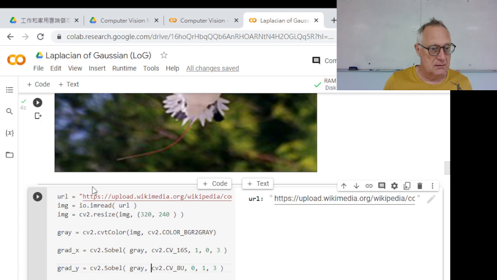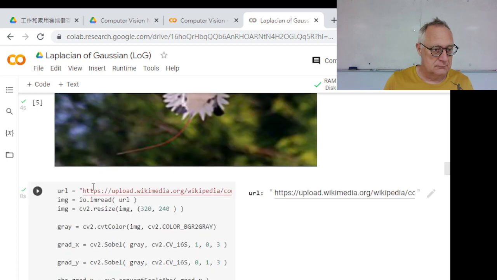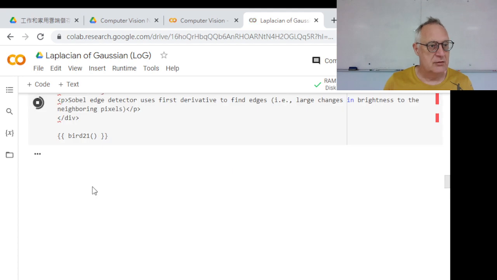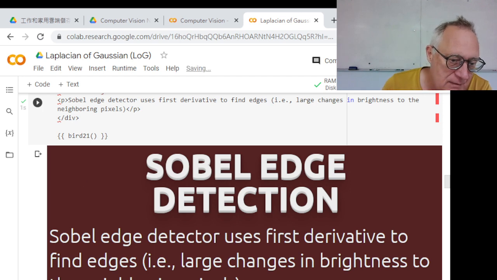And here let's use a larger data type. So now we have the edges, the output of the Sobel edge detector.